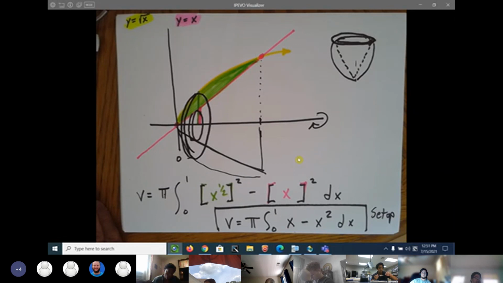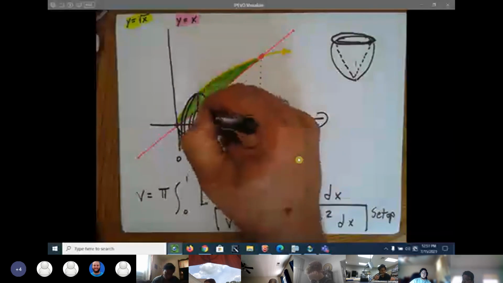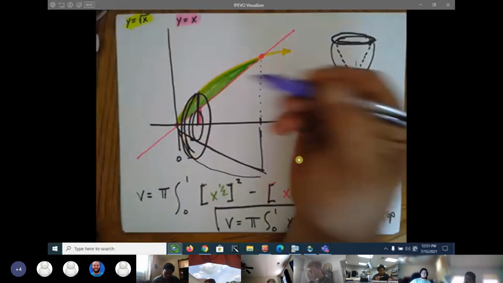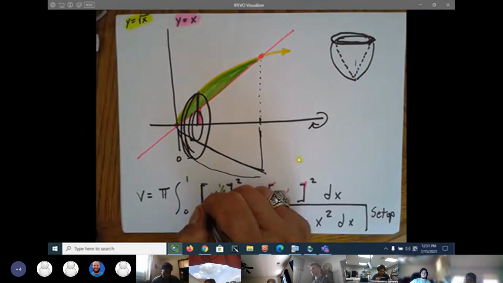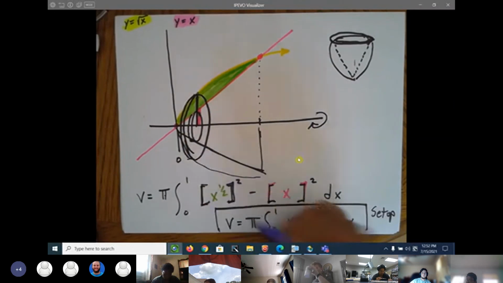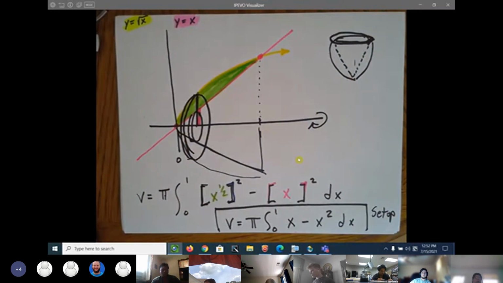I don't like that green. I'm going to use this purple. I know it won't show up, but that's purple. Okay. Now do the next part.